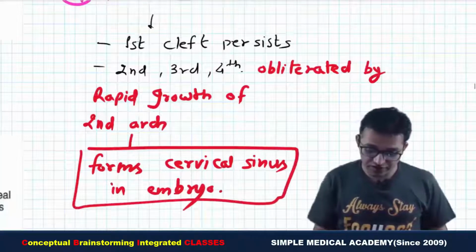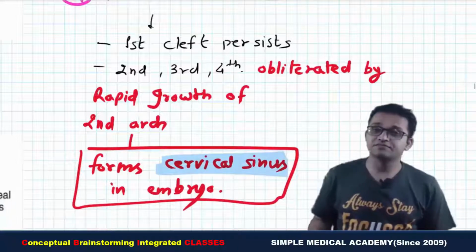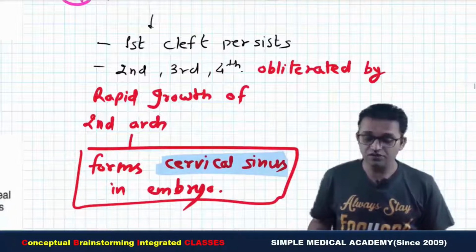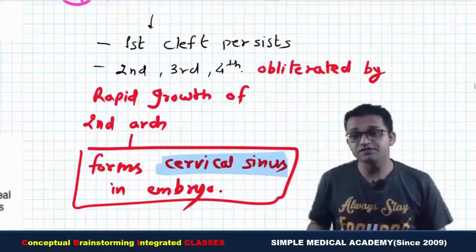So one thing you can remember: the second, third and fourth clefts form the cervical sinus.